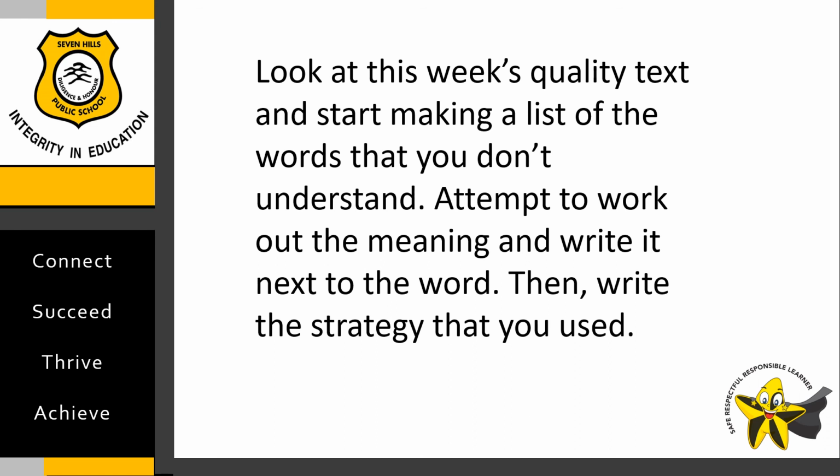You can use your understanding of the words. You might find a little word within the big word. Or you can use those digital tools as a last resort, so your thesaurus and dictionary to help you. Then, next to the word, you're going to write the meaning and the strategy that you used, much like I showed you in the last slide.